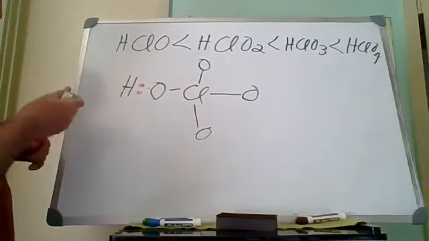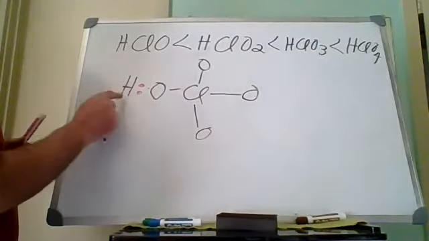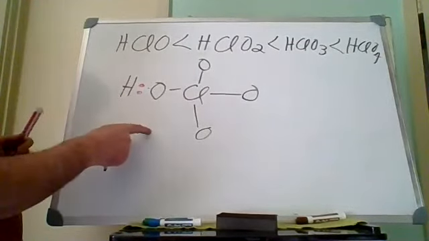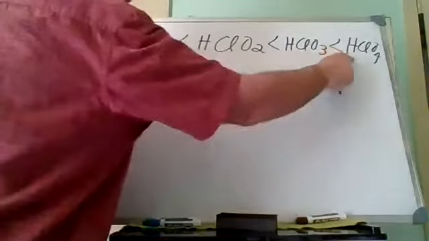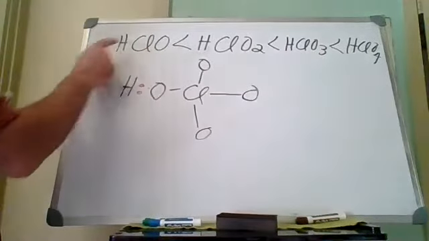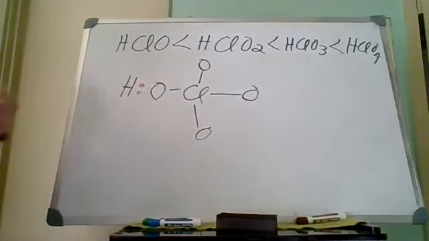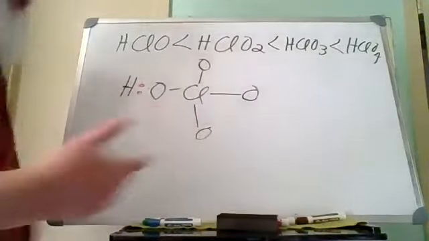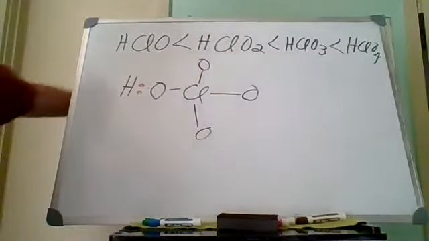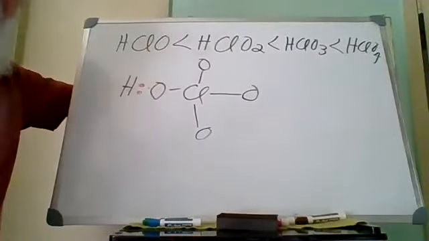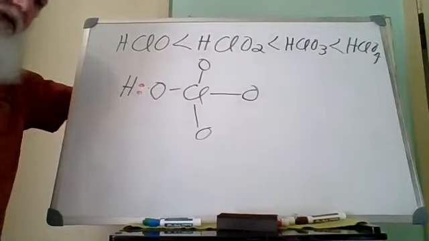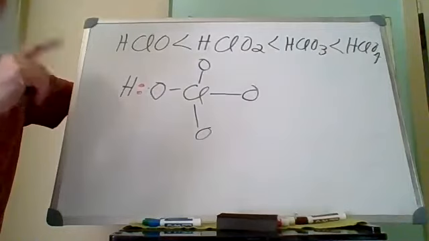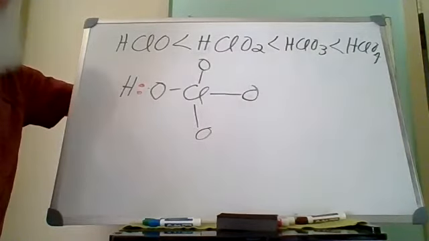The more they're pulled, that means the more easily it is to remove this proton from this molecule. So the more oxygens, the stronger the acid. The fewer the oxygens, the weaker the acid. Does that make sense? Notice that in every one of these cases, we had 3 or 4 different cases there. It was always electronegativity that played the major role, with the exception of going down a group.